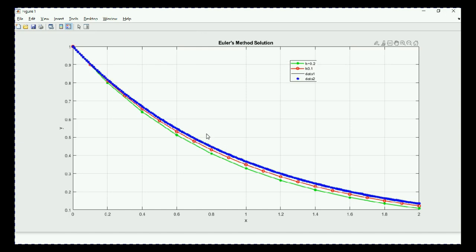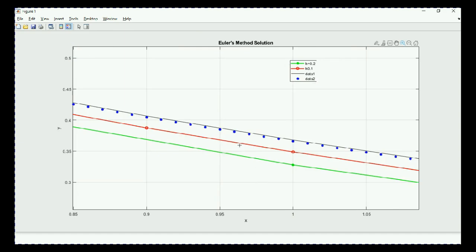You see, now we got the solution. We should zoom somewhere here to see them very clearly. The black one is the analytical solution, and these blue dots are the Euler's method solution for h equal to 0.01.